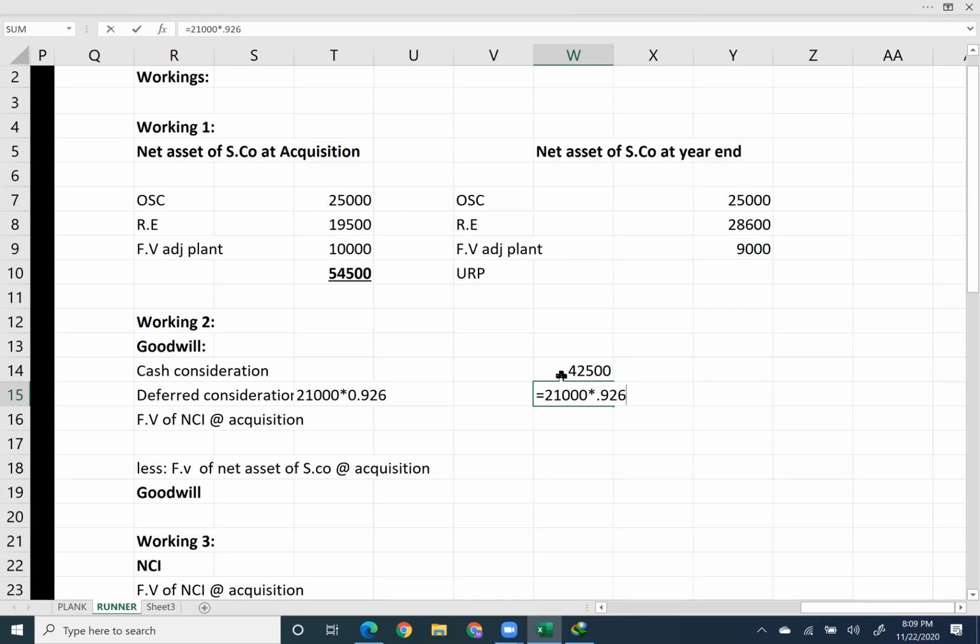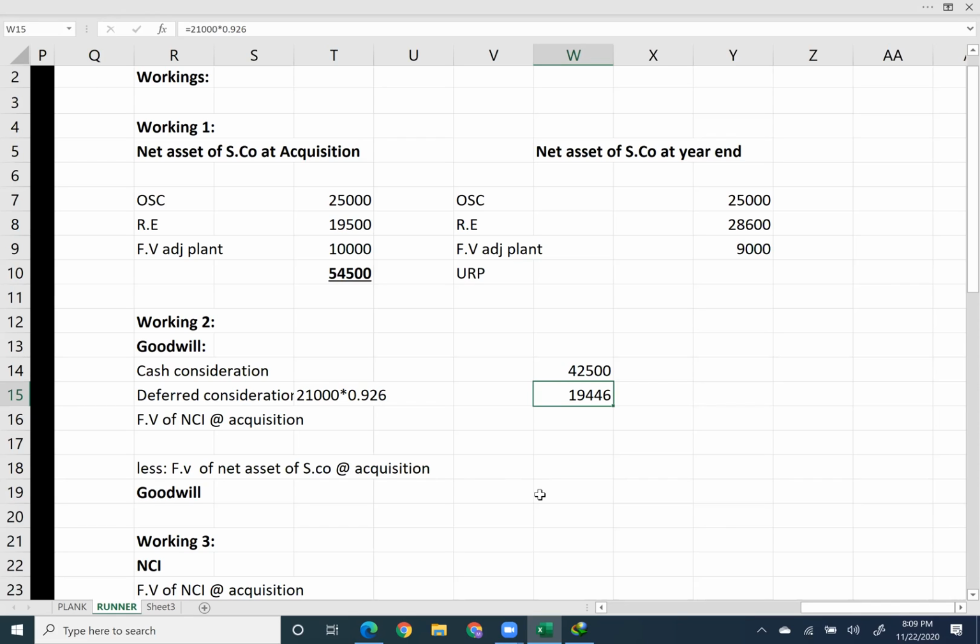In the cell you have to write the formula of multiplication, or it is optional to write the working on this side. I have written the same thing extra on the line, 21,000 times 0.926, which is obvious. This working is optional, but in the cell I have applied the formula, equal to 21,000 times 0.926.